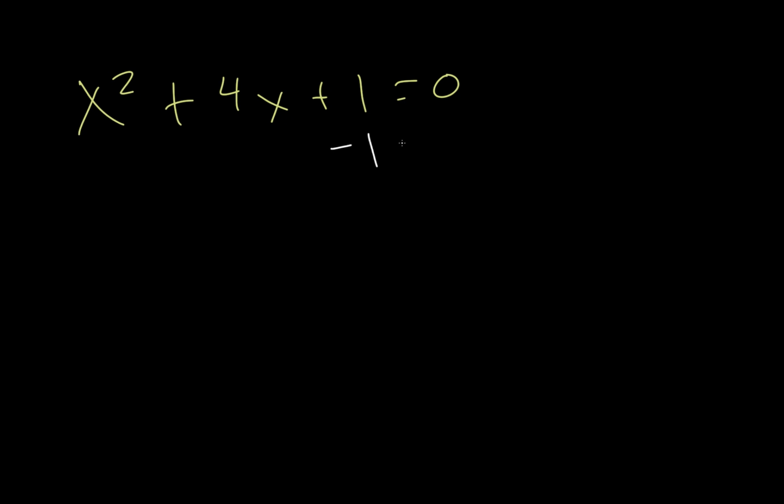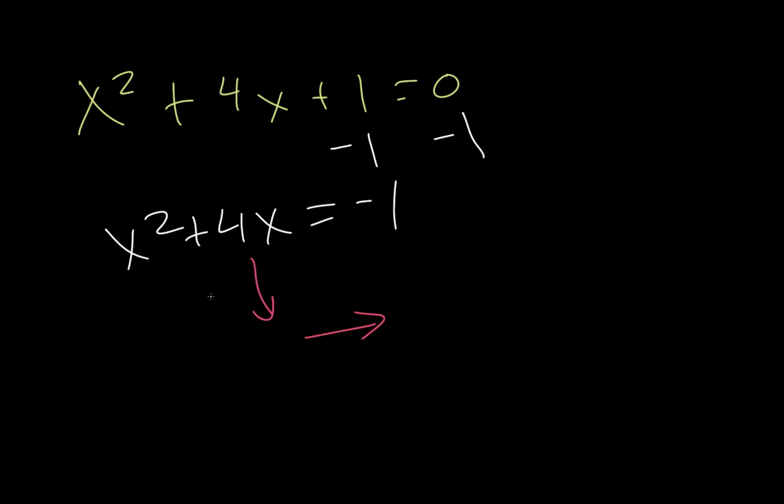So what we're going to do is we're going to get the constant onto the other side. X squared plus 4x equals -1. We would divide by the number out in front of x squared if we had one. We don't have that though, so we can move on. Then we do the L step. The L step is we divide by 2, and then we square.